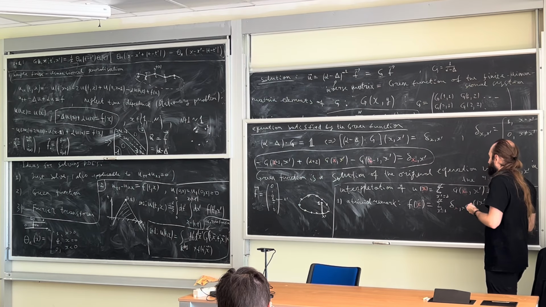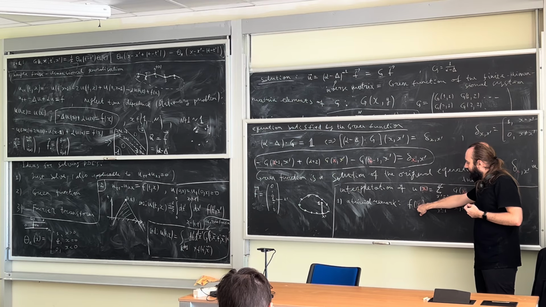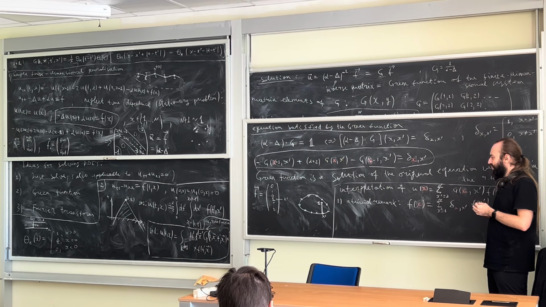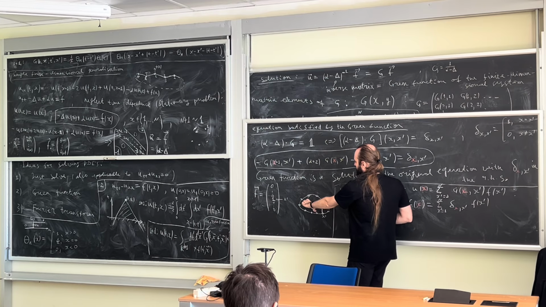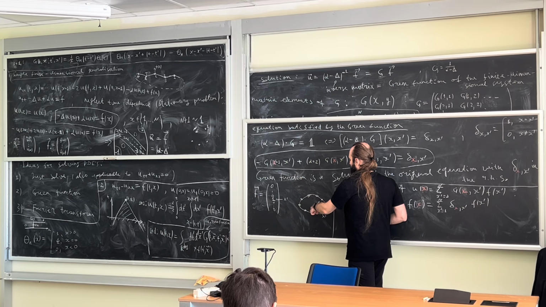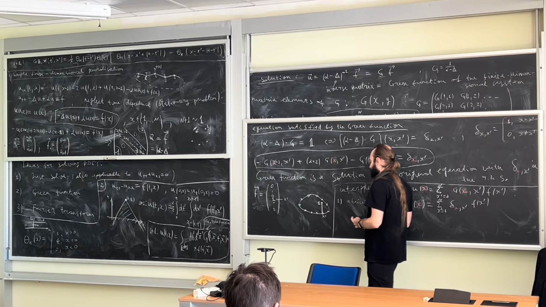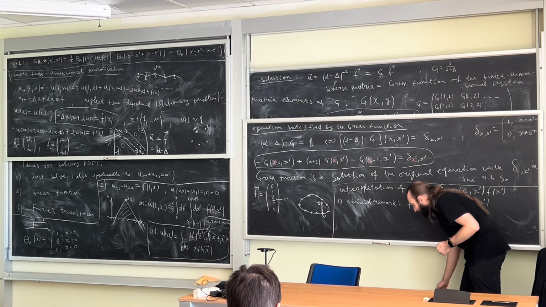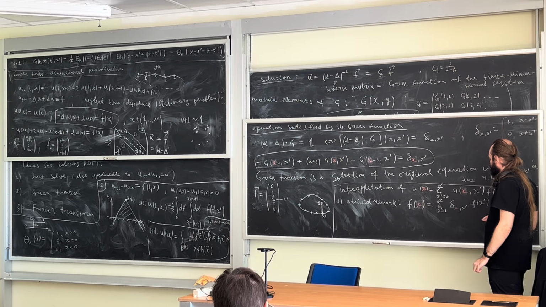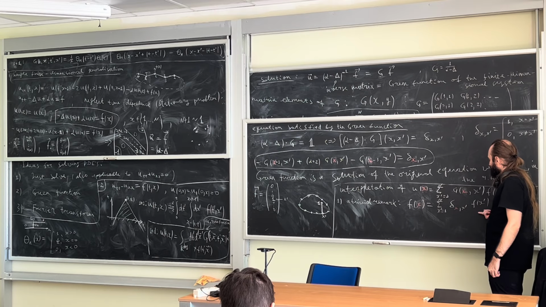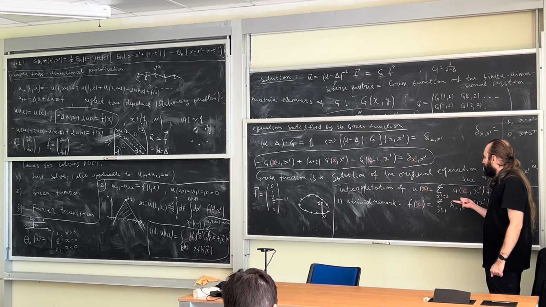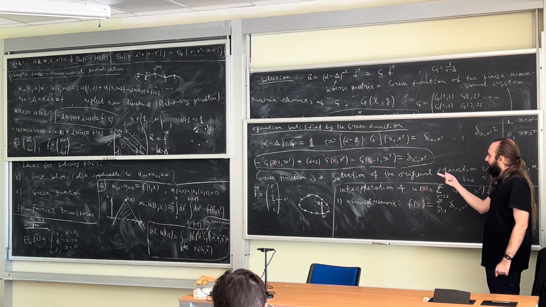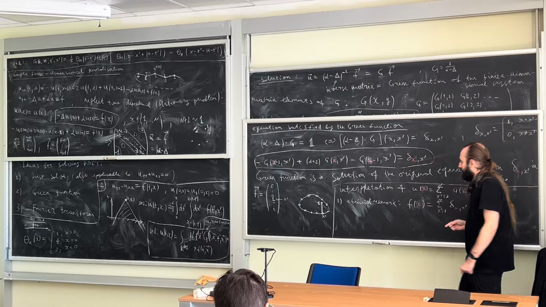In this way, we reconstruct our original f of x. So we simply take a combination of n such functions with appropriate coefficients. So that was the first remark, and the second remark is that we can use linearity of our equation.